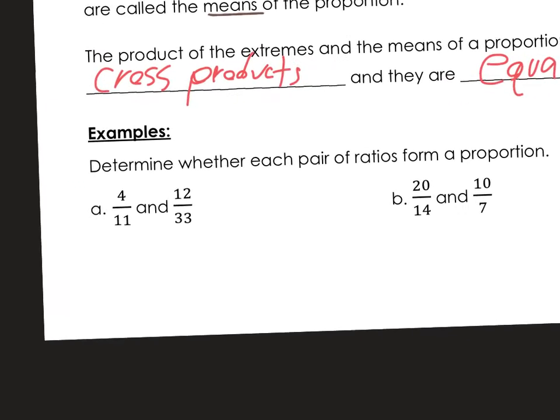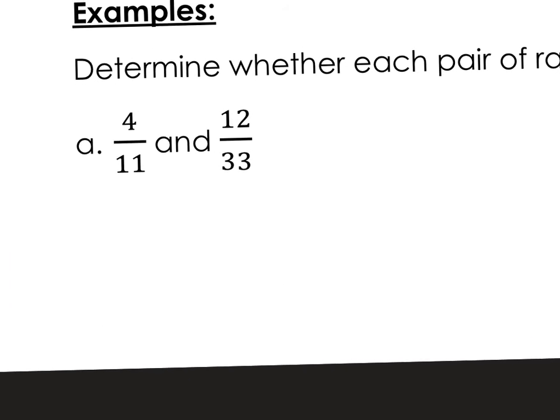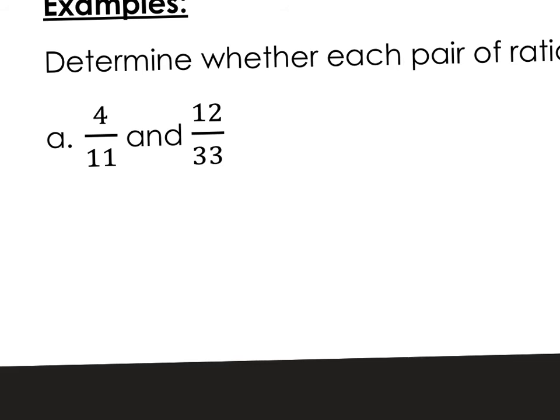So for example, determine whether each pair of ratios form a proportion. A, 4 over 11 and 12 over 33. We want to see if they are truly a proportion. So we're going to take our extremes and our means, multiply them together and see if they are equal to each other.